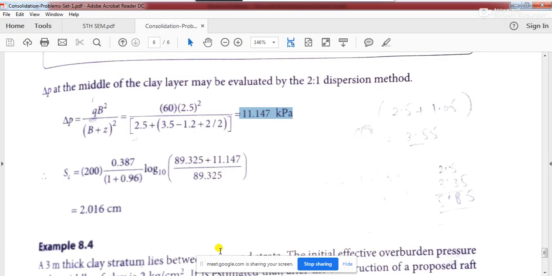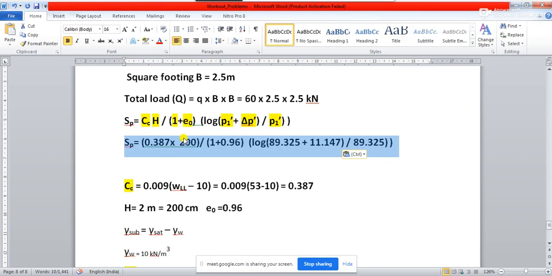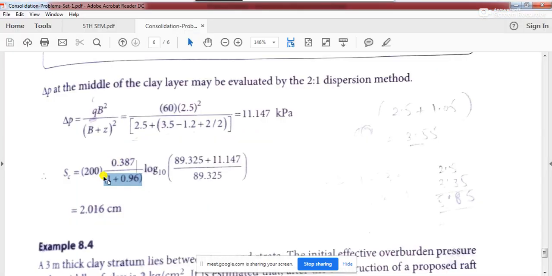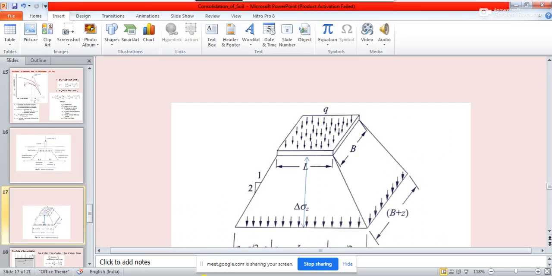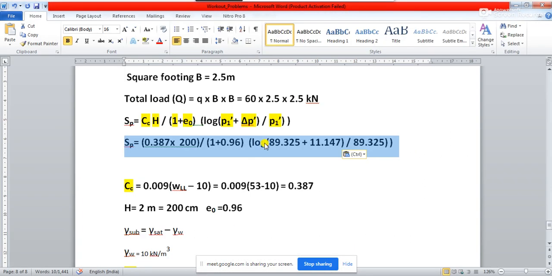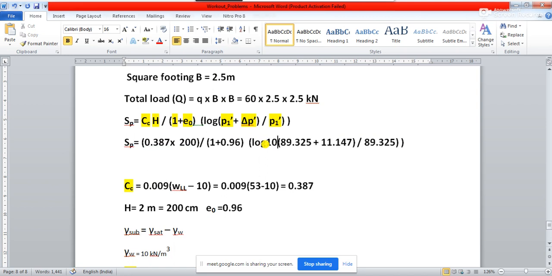Now let's see what the book says. See, 200 into 0.387, that's what we have done, divided by 1 plus 0.96, log of 10. So you please remember this logarithmic base is log 10, not e base.